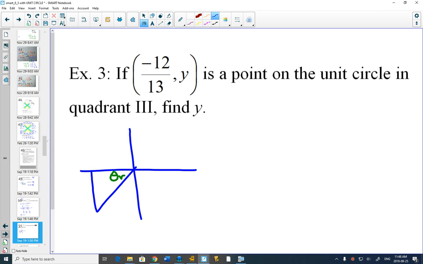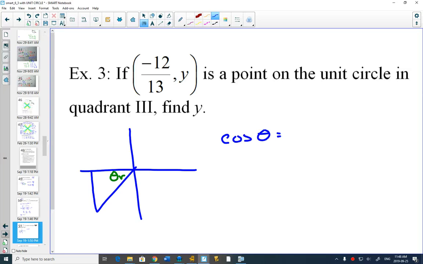Now, what do we know about this triangle? We know the x-coordinate. From our big ideas, is it sine of theta or cos of theta that equals negative 12 over 13? Cos.